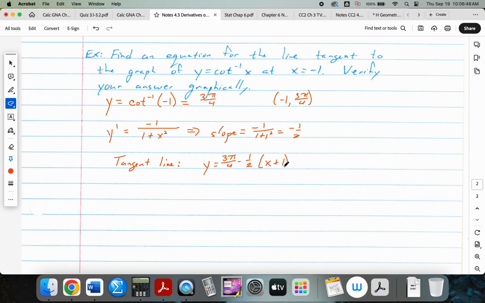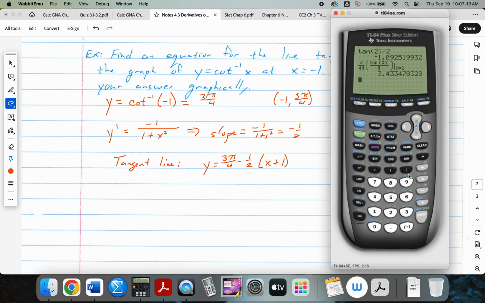Now, they ask us to verify this graphically, and that can be difficult depending on what calculator you're using. So on a TI, there is no cotangent inverse built in, at least not that I can remember. Check yours. They may have updated it since I last did my calculator.